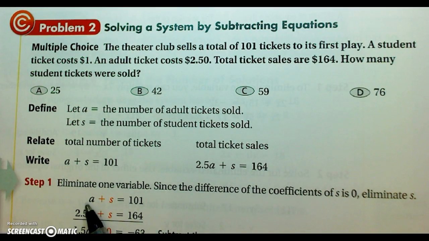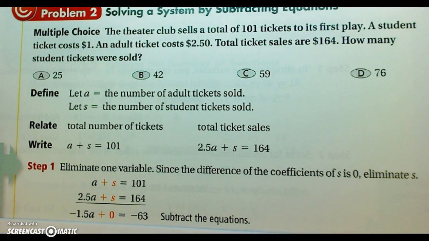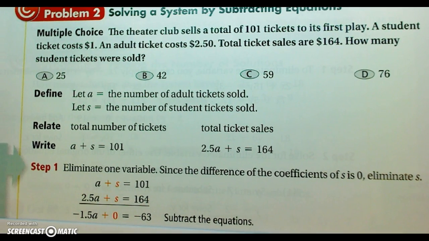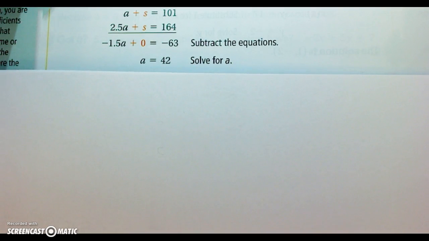So 1 minus $2.50 is a negative $1.50. So because we're subtracting, and we see this one's larger, so we're going to end up with a negative down here also. We subtracted, and then we divide by negative 1.5, and the answer A is equal to 42.